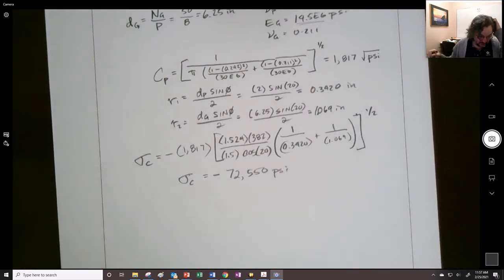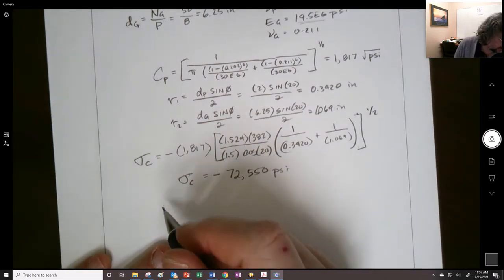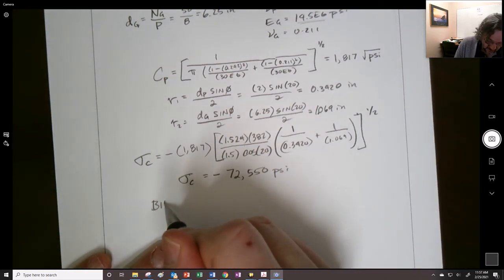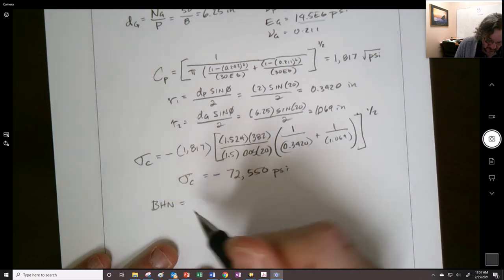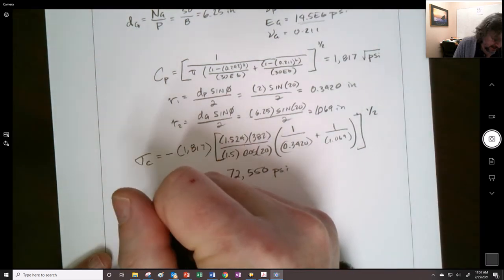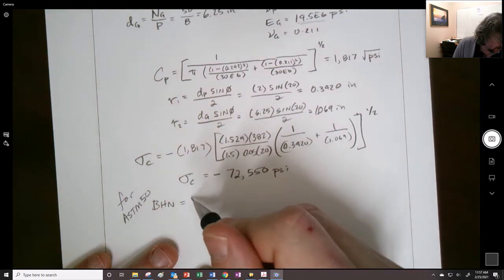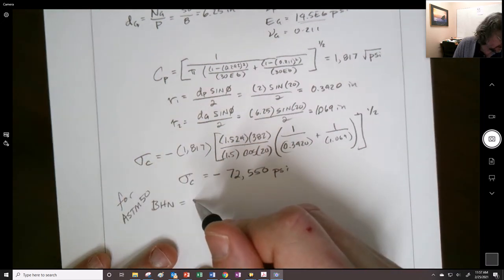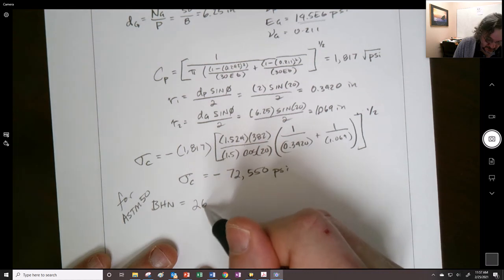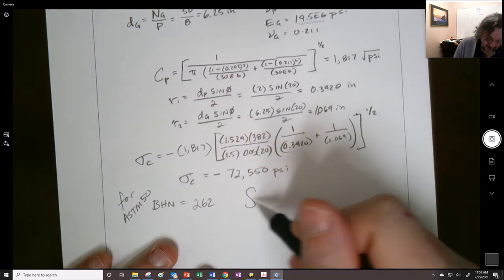Now we have to evaluate whether that is a lot or a little bit. I don't know. So we look up in the book for the Brinell hardness number for ASTM 50. And we find that we get 262, right? So we can get our SC.